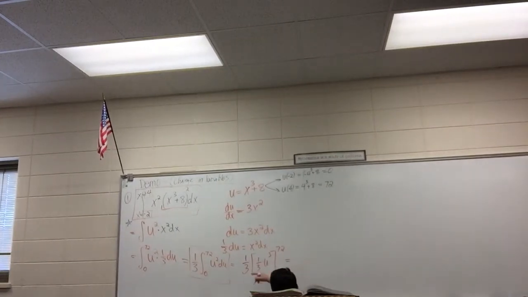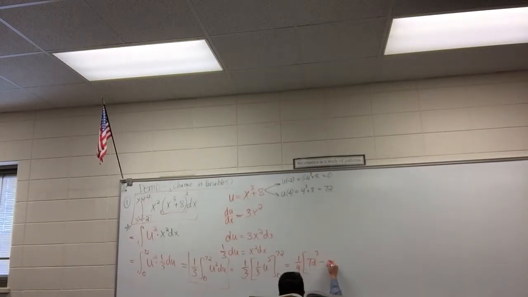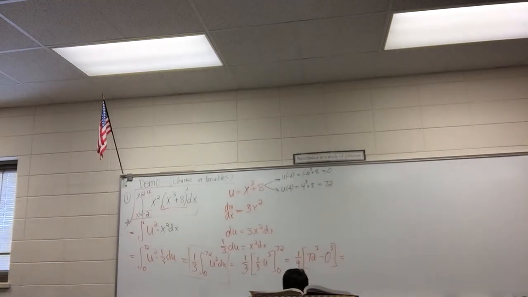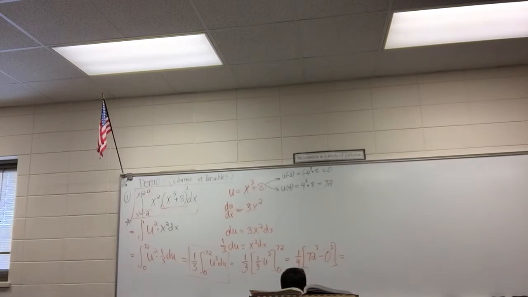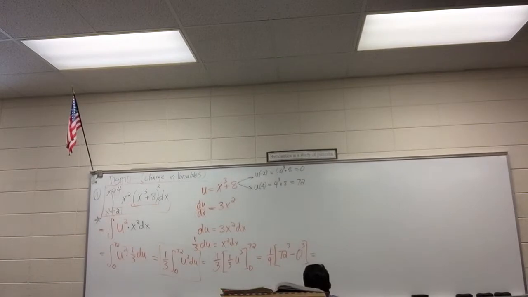Since that's 1/3 and 1/3, I'm going to take that as 1/9. And this is going to be 72 to the 3rd minus 0 to the 3rd. 72 to the 3rd times 1/9. Well, you'd never be given one that's this mathematical on the multiple choice.